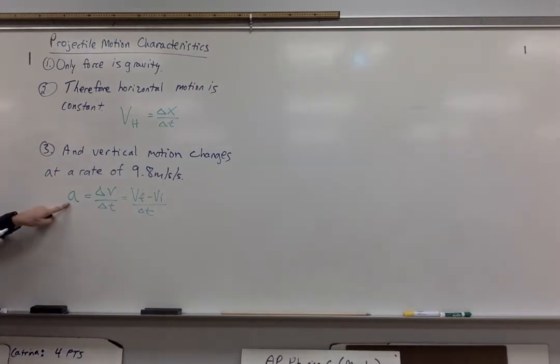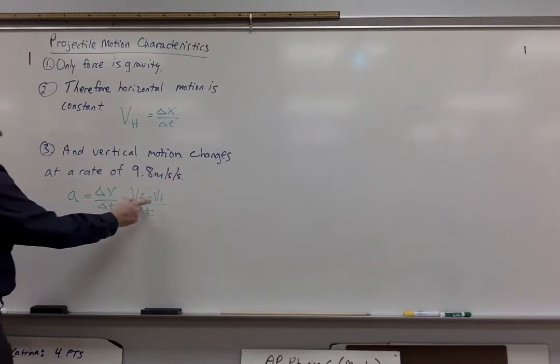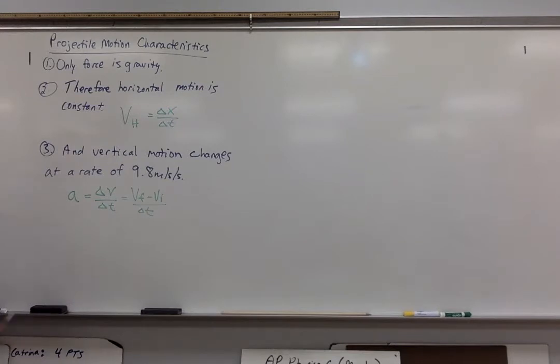The acceleration would be 9.8 meters per second squared. And these velocities would always be vertical velocities or vertical components of velocity. Again, if we're thinking about there being acceleration, we're only thinking about vertical information. Constant velocity, only horizontal information. So that's one of the formulas that we could use.